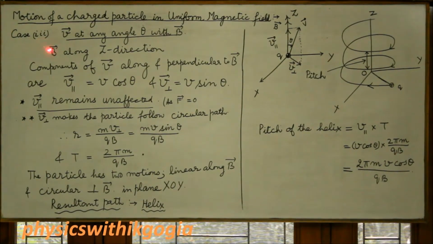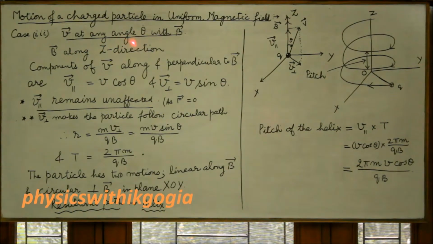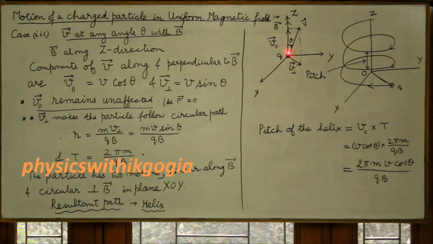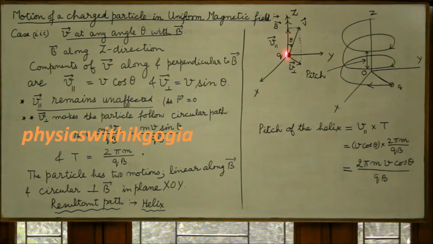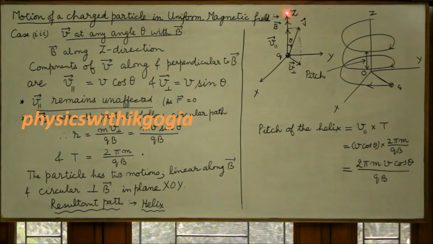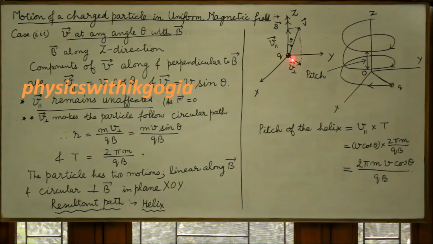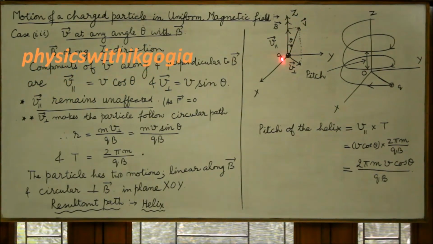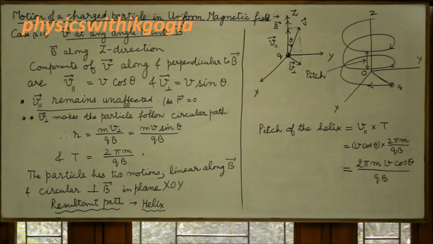Proceeding to case 3, the general case, that is V making any arbitrary angle with the magnetic field. Here, let's assume that there is a magnetic field acting in the plus z direction. The field is assumed to be uniform, and a charged particle with charge plus q is moving in this direction at an angle theta with the magnetic field.